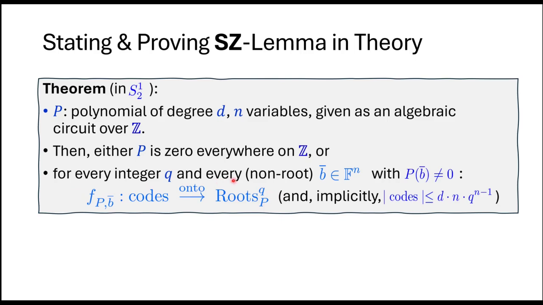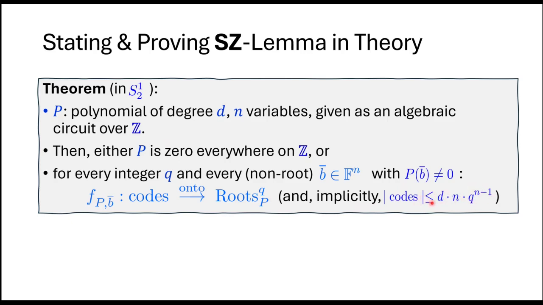So for every integer Q and every B that is non-root, we have this function as we described before, and it will be onto. Now this means that in the theory we have this function. It is polynomial time, so certainly we have this function, but we can also prove it is onto. And implicitly, this is some subtlety in proof theory and bounded arithmetic, because we just work in S12, the number of codes is bounded by this, because that's the domain we'll have.